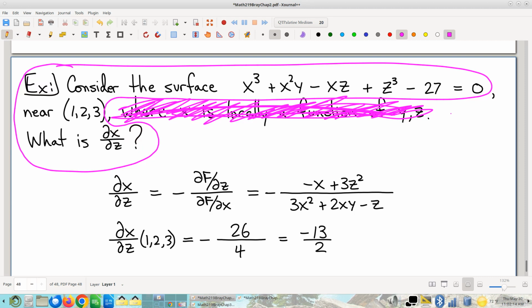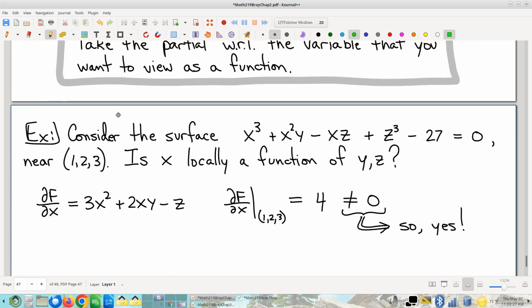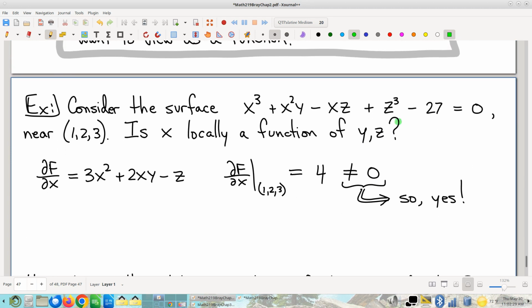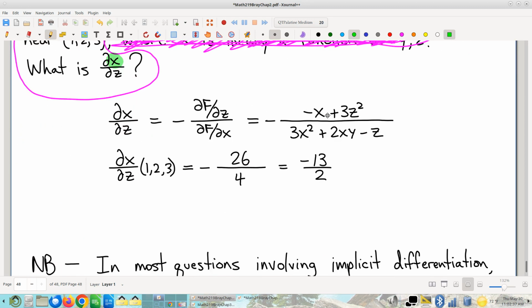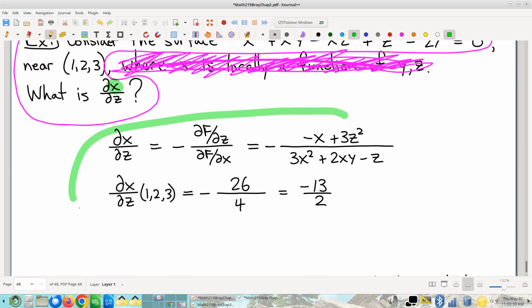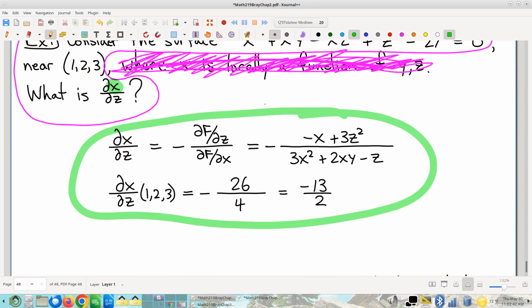This is part of the job, that you have to recognize I'm being asked to take a partial derivative of something that I don't even know to be a function. So, oh my gosh, step one, I'd better ask and answer, establish that indeed it is a function of the other variables, and then proceed to computing its partial by way of this method.